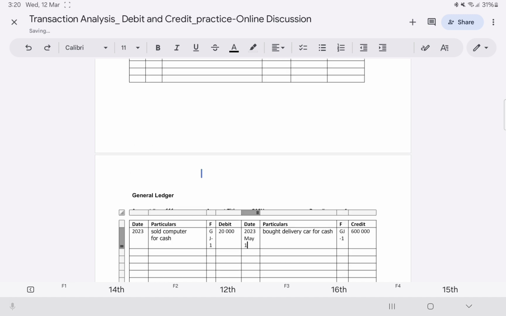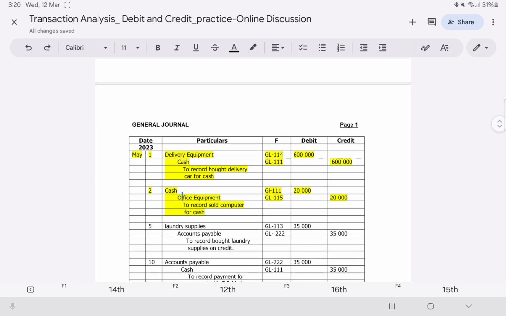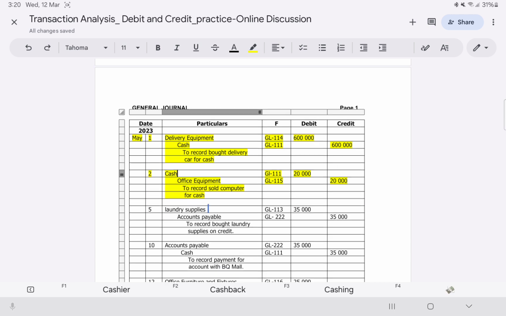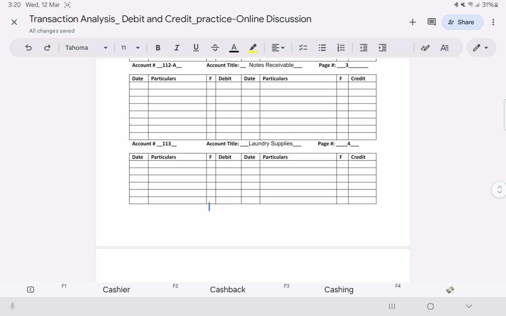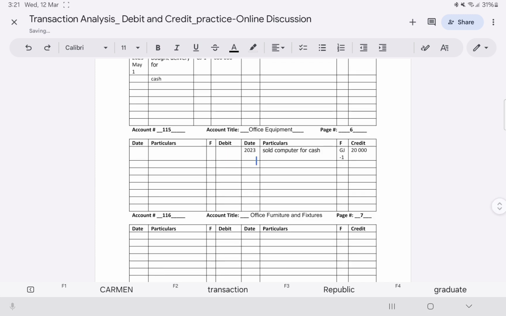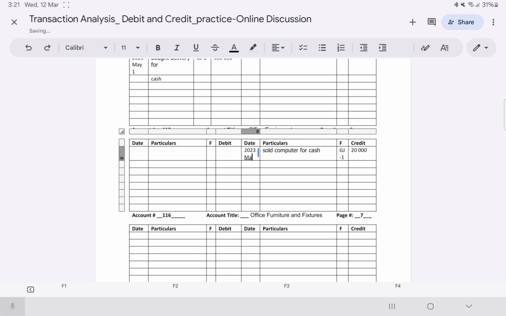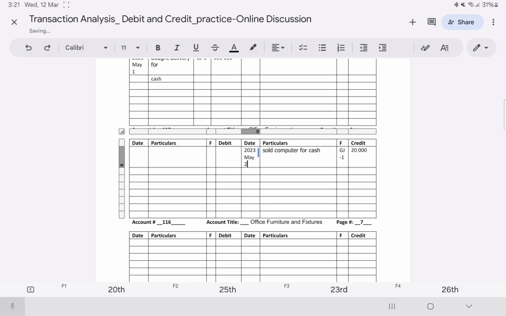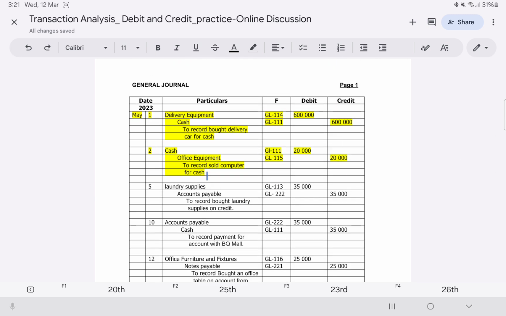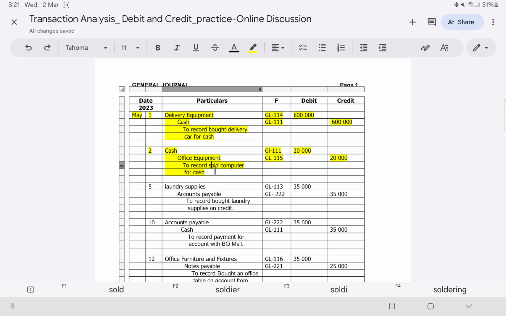Then transaction 2: cash, May 2, and the office equipment, 2023 May 2. Alright, we are done with the clarification and the error. We already found the error. Let's proceed to transaction number 5.